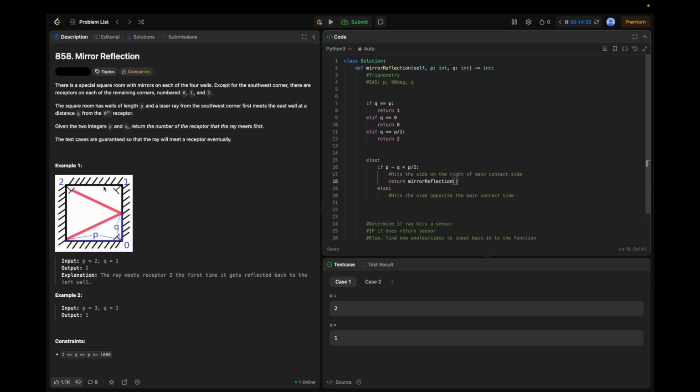And then it'll say, okay, does it hit this point? If it does, it would return. See, that's the problem, because if it hits here, it would return one, if I'm thinking correctly.